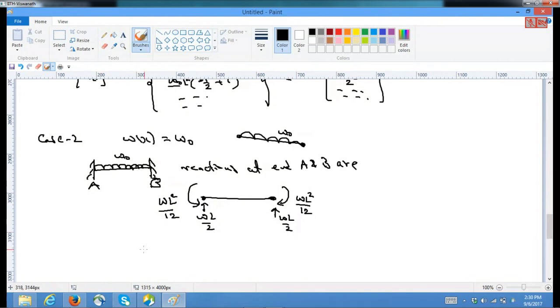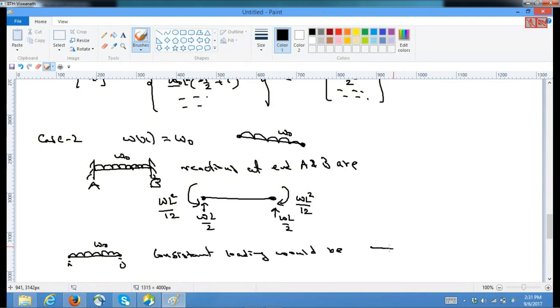If you have this kind of uniform load W naught on an element defined by nodes i and j, the consistent loading would be the inverse of these reaction forces.